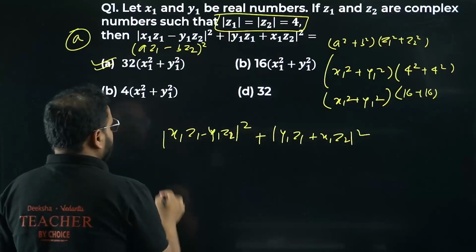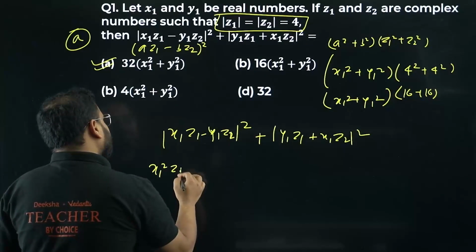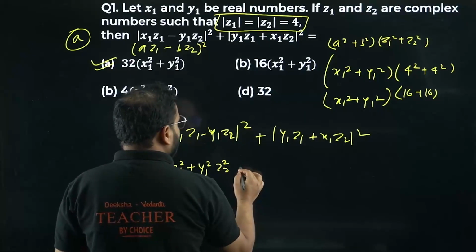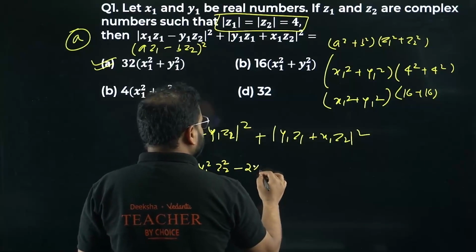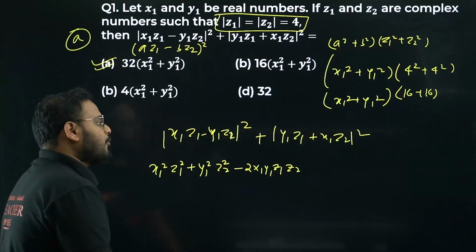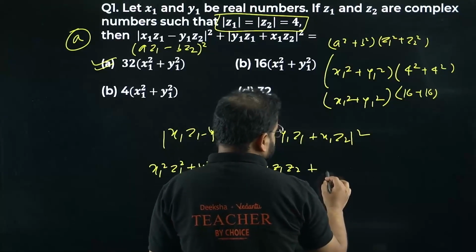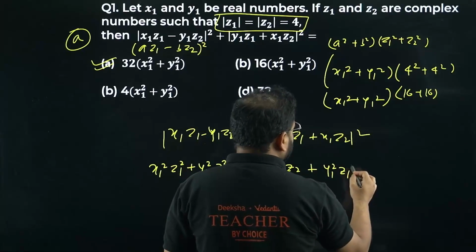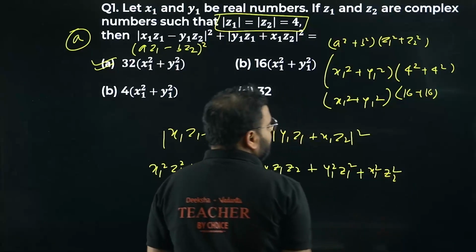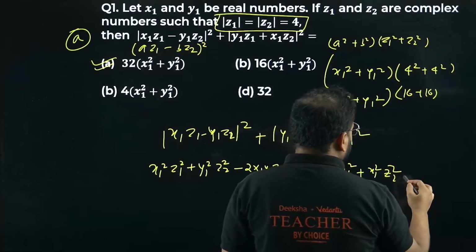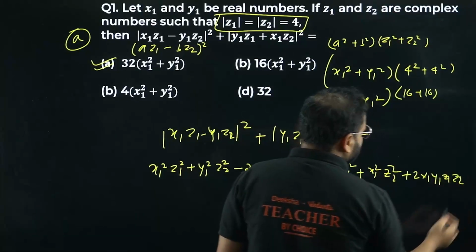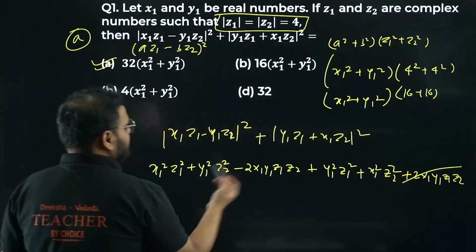If you want to expand it here, you get x1 square z1 square plus y1 square z2 square minus 2 x1 y1 z1 z2. Same goes over here as well. You get here plus y1 square z1 square plus x1 square z2 square, and you get here plus 2 x1 y1 z1 z2. This will cancel this part over here.